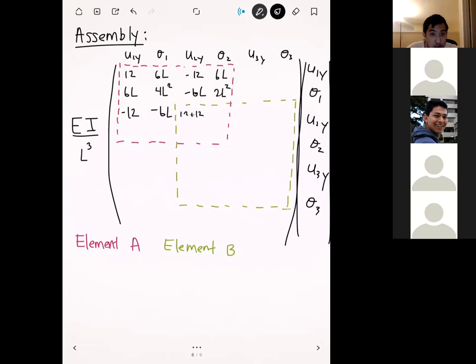In this next spot, we have a minus 6L that comes from element A and a positive 6L that comes from element B, so both of those cancel out. Same thing in this spot right here: minus 6L plus 6L. And then in that bottom right overlap spot, we have 4L squared plus 4L squared, which ends up being 8L squared.